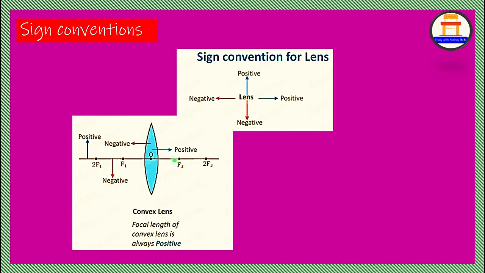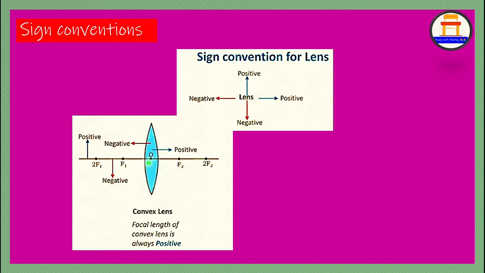If the image is formed on the right side, then the image will be inverted with respect to the object. A real image will always be inverted, and if it is inverted, it will always be negative. You can see over here, the length of the image will be negative, whereas the image distance will be positive.